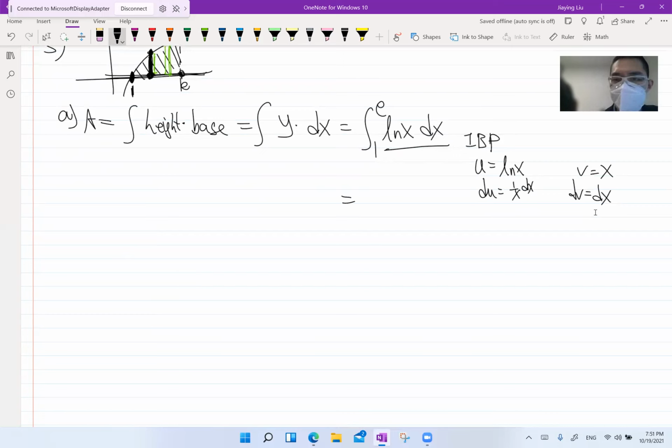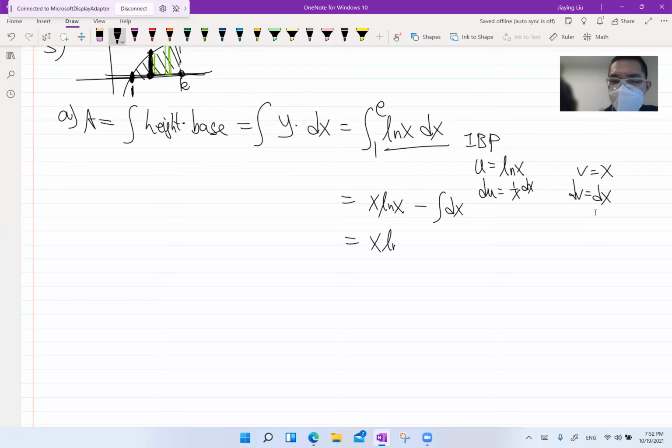And it turns out that this will give us u times v, so that's x natural log of x, minus the integral of v du. Sorry, v is x, du is 1 over x dx, so the x's cancel, just giving us dx. And don't forget that we're evaluating from 1 to e for all of them.